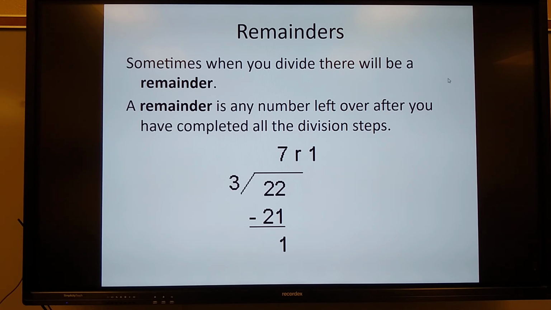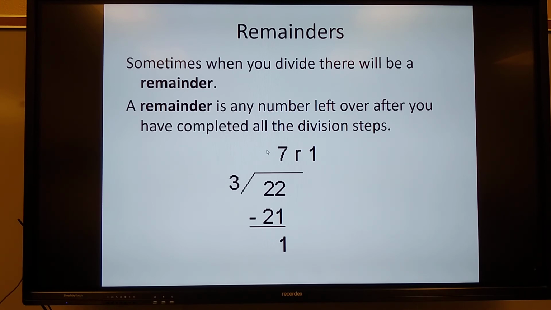Sometimes when you divide, there will be a remainder. A remainder is any number left over after you have completed all the division steps. For example, 22 divided by 3. 3 goes into 2 no times, 0 times.